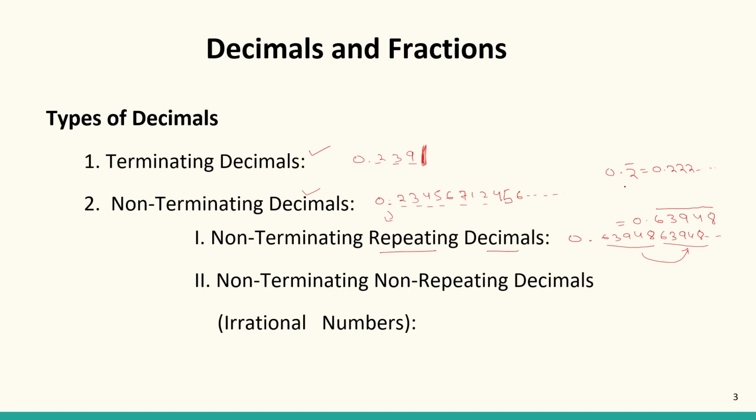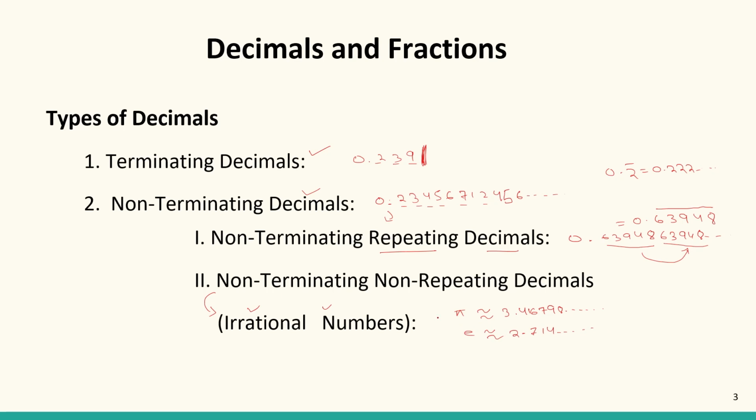So what are non-terminating, non-repeating decimals? These kinds of decimals are also called irrational numbers. We have already learned that pi is equivalent to 3.14159 or something close to this, and this is non-terminating, and e is equivalent to 2.718 and so on, which is non-terminating here.